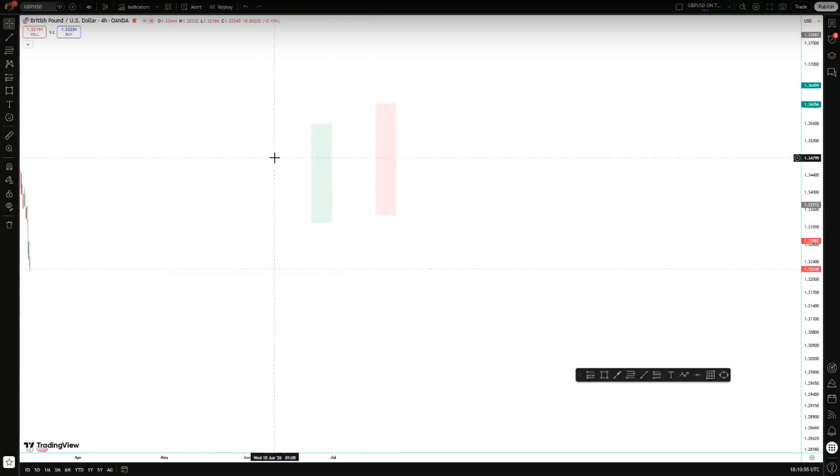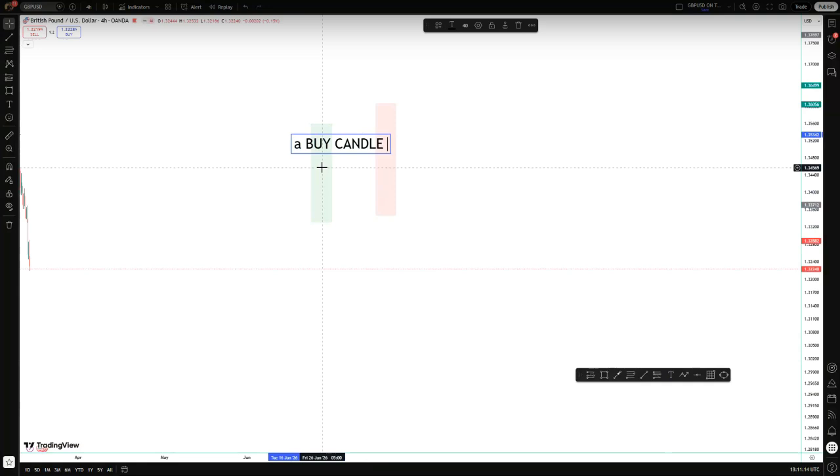By now, if you read what I asked you to read, you would know that the green means buy, a buy candle or a bullish candle.